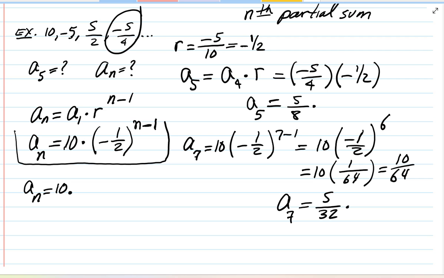So here's my 10. The negative 1/2 to the n minus 1. Write it as negative 1/2 to the n times negative 1/2 to the negative 1, right? Remember the product rule of exponents. A to the m times a to the n is a to the m plus n, right?